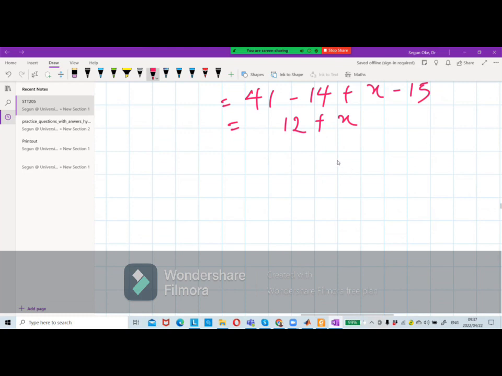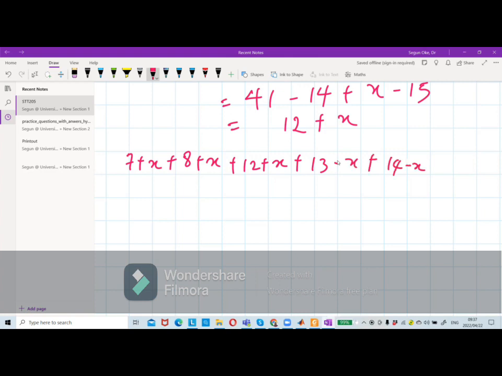We just say 7 plus x plus 8 plus x plus 12 plus x plus 13 minus x plus 14 minus x plus 15 minus x plus x.